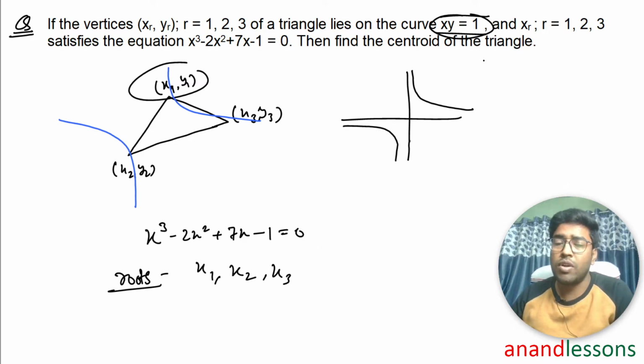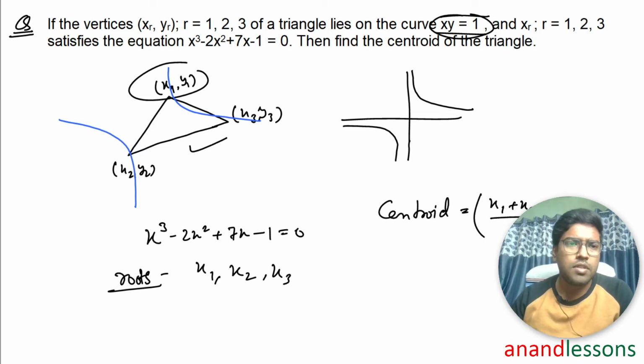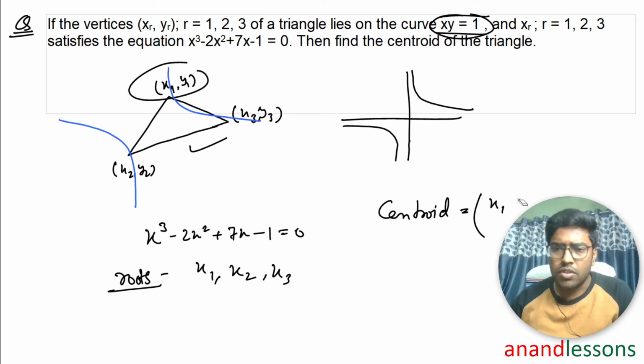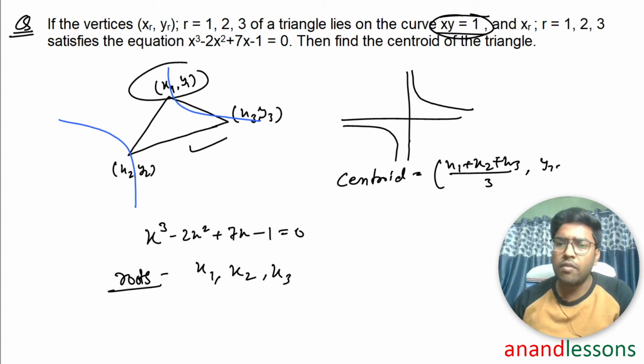So the roots are x1, x2 and x3, and we have to find the centroid of the triangle. So what is the formula for the centroid of the triangle? For any triangle, the centroid is a coordinate, which will be ((x1 plus x2 plus x3) by 3, (y1 plus y2 plus y3) by 3).